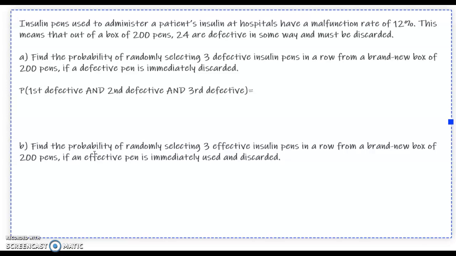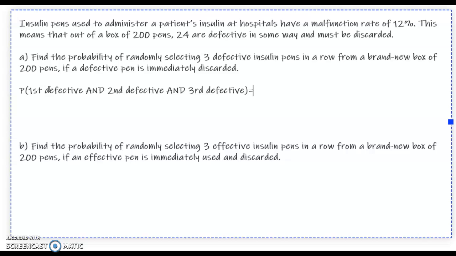So the first part of this is find the probability of just this guy times the probability of this guy times the probability of this guy, keeping in mind that we are immediately discarding after each time. So what's the probability of drawing a pen from a new box of 200 pens and this first one being defective?